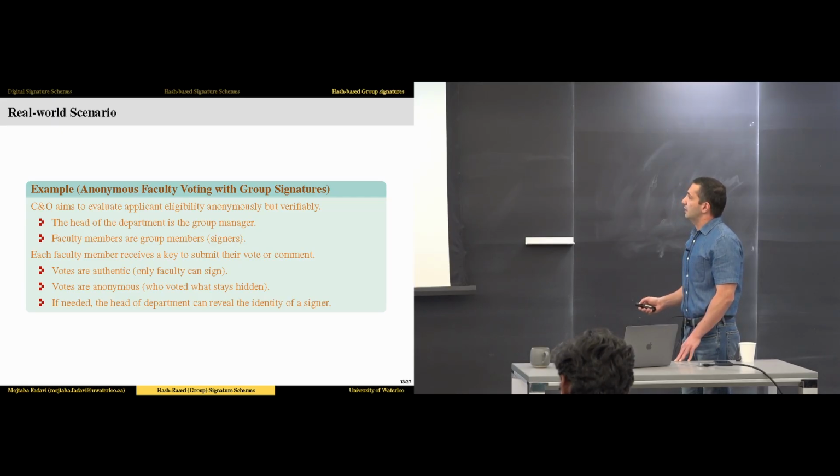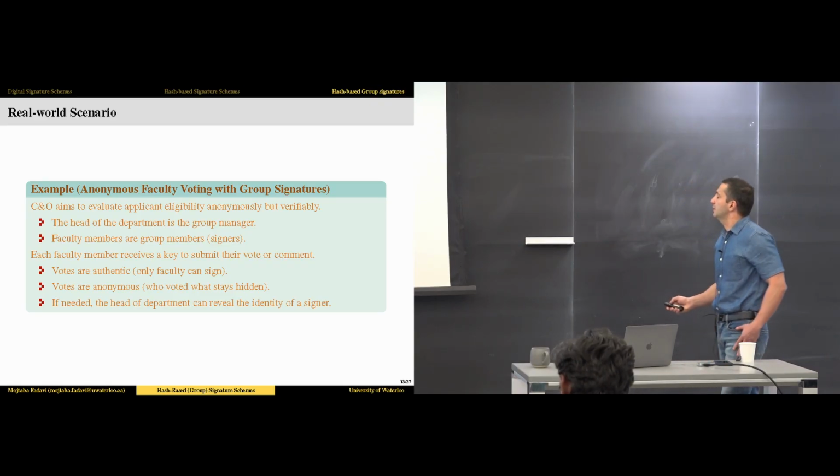But in case one of the faculty members misbehaves, he can reveal his identity. And votes can be authenticated, they can be verified, but as I said, the head of the department can reveal his identity.